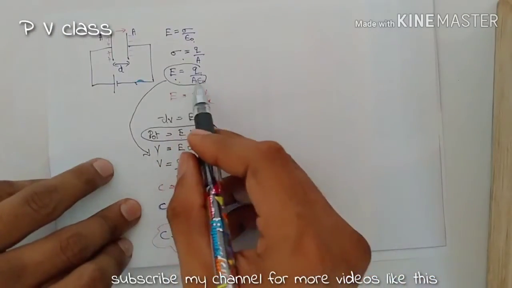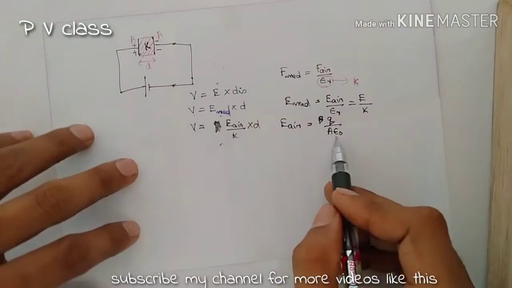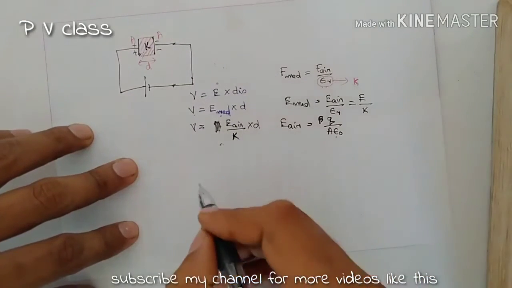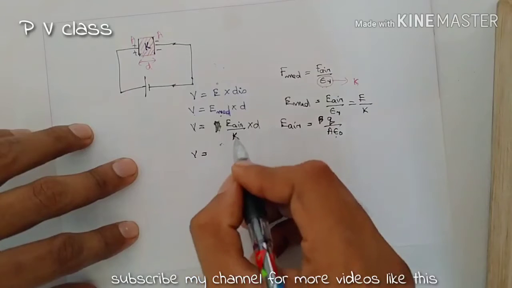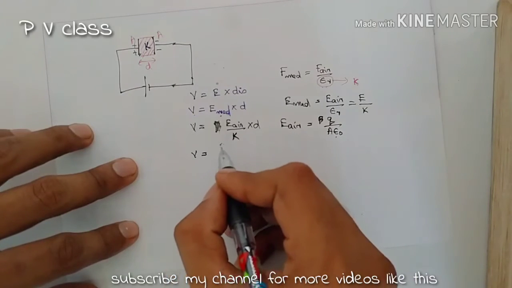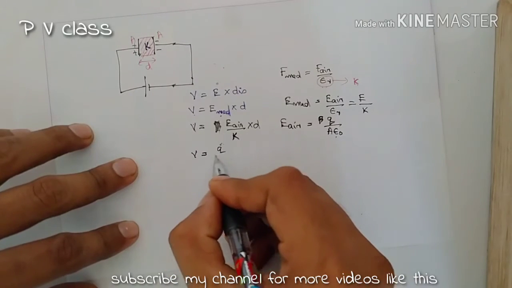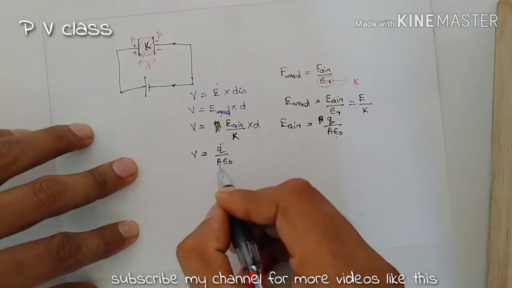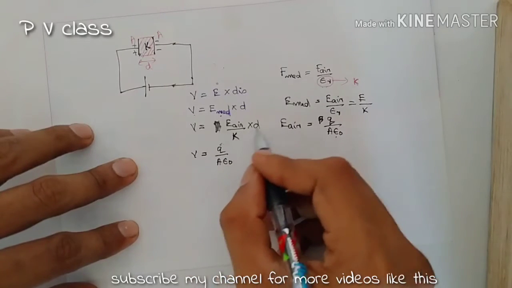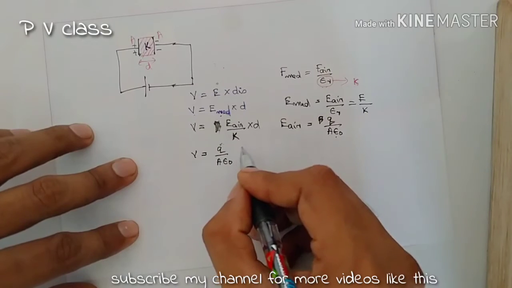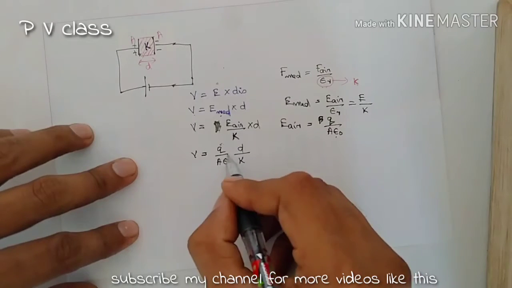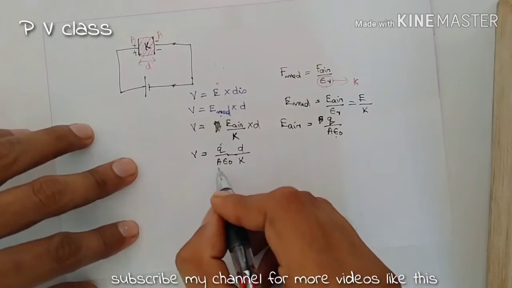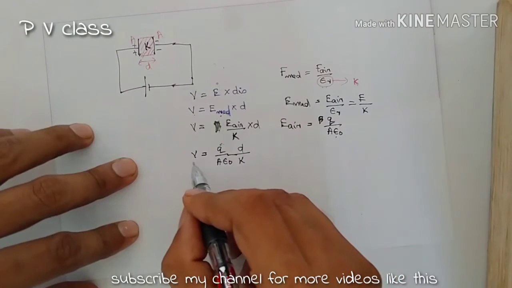Remaining thing in this expression is D by K. Therefore, V is QD by A epsilon 0 K.